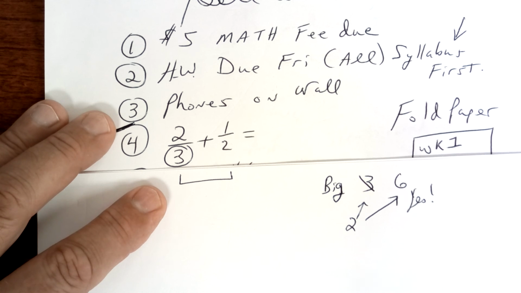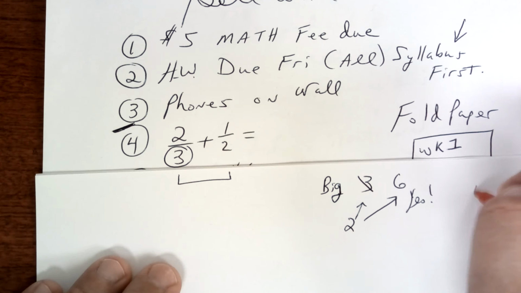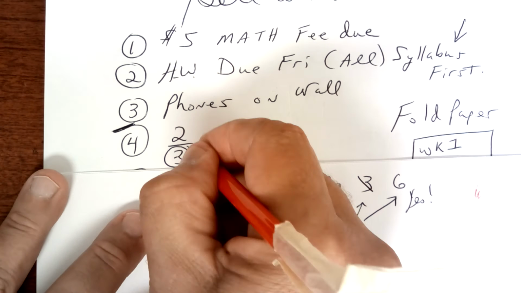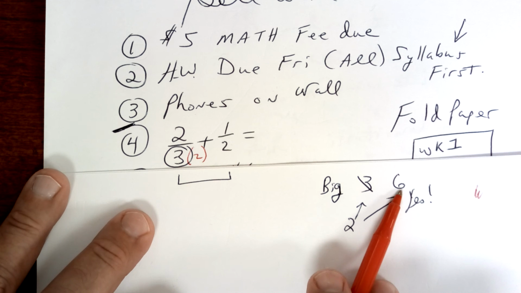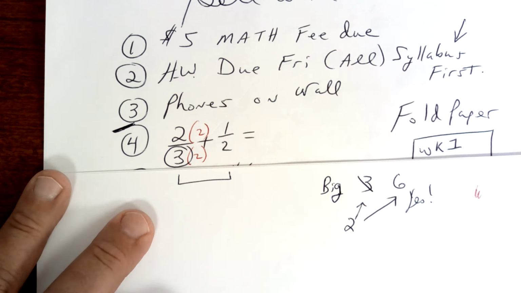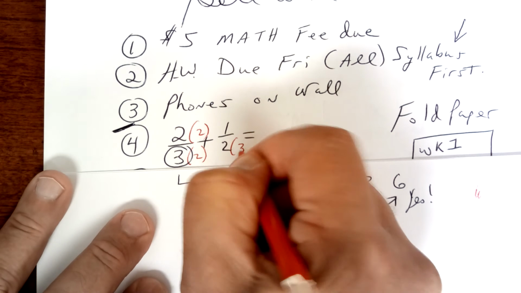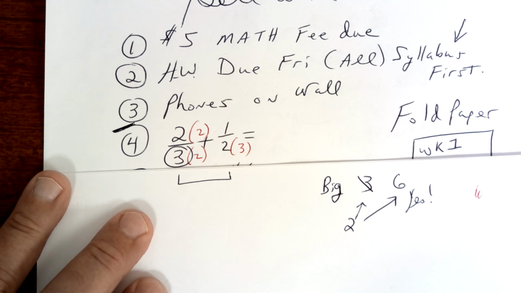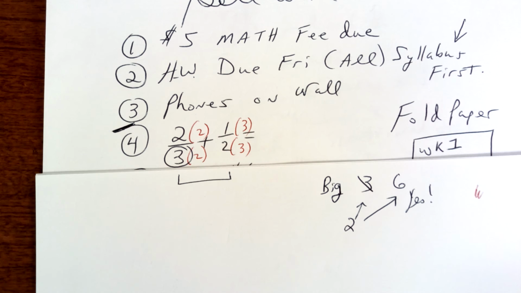So what you want to do here is multiply 3 times 2 to make that 6. But if you multiply the bottom by 2, you have to do the top. And on this one, 2 times 3 is 6. And if you multiply the bottom by 3, you have to multiply the top to keep it the same as it was.